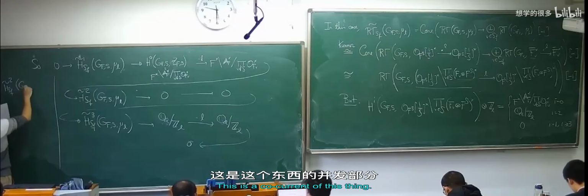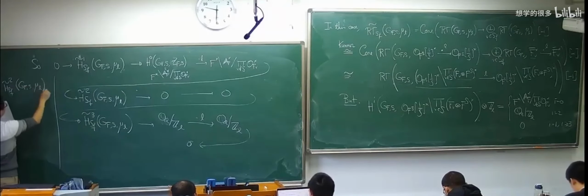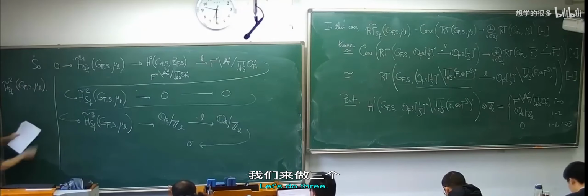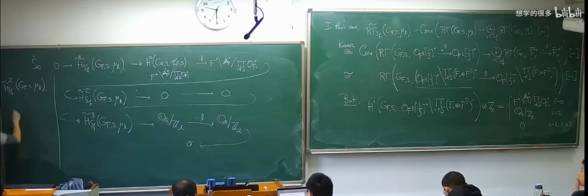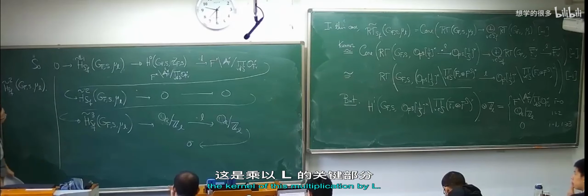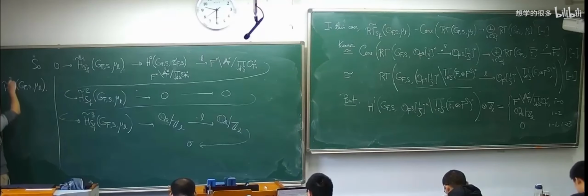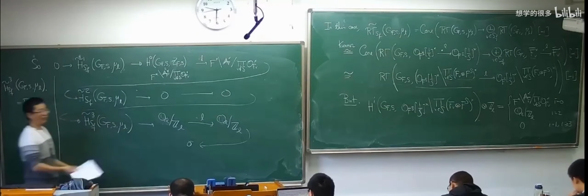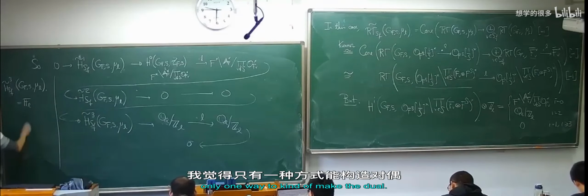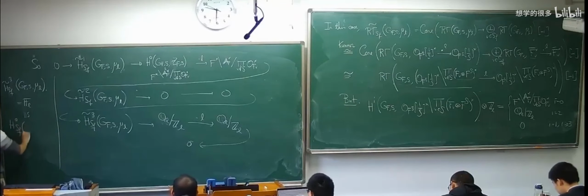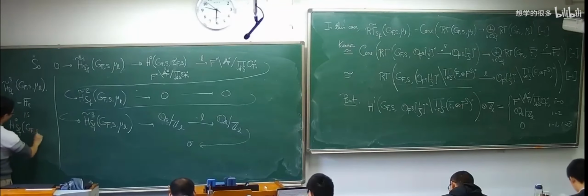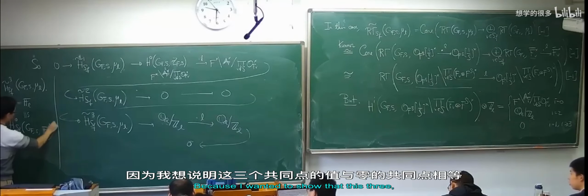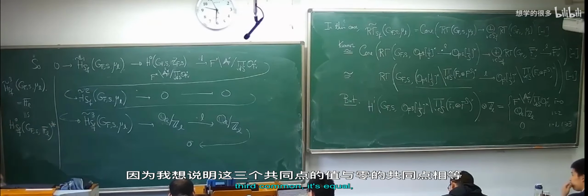This is the cokernel of this thing. Let's do 3. 3 is easy. H^3 I know. It's the kernel of this multiplication by L. It's just F_L. And I think there's only one way to make the dual, because I wanted to show that this third column is isomorphic to the zeroth column already.